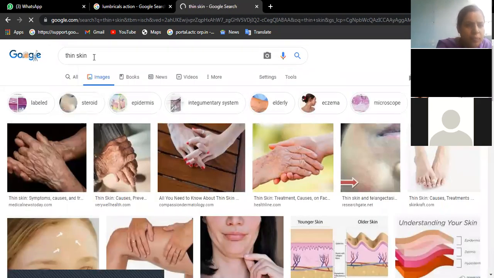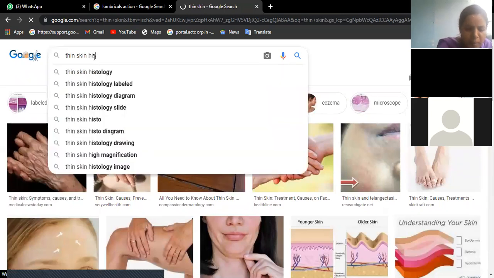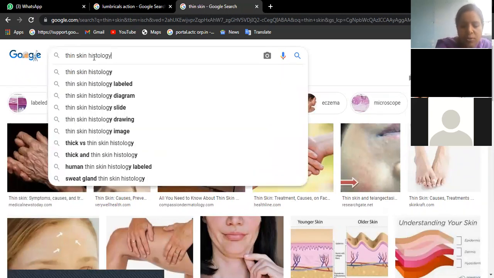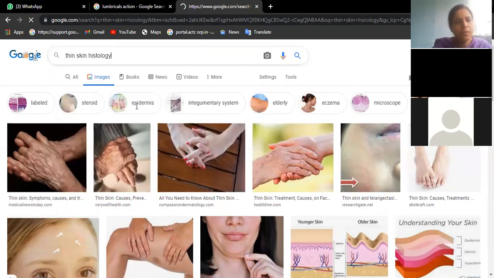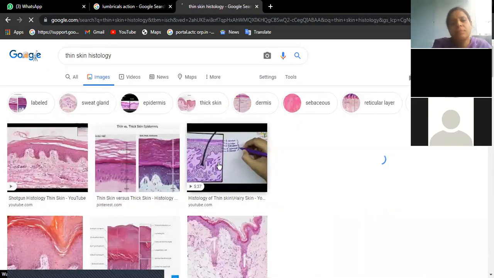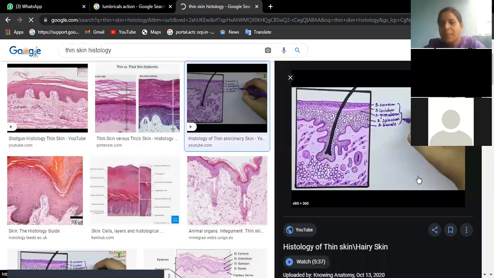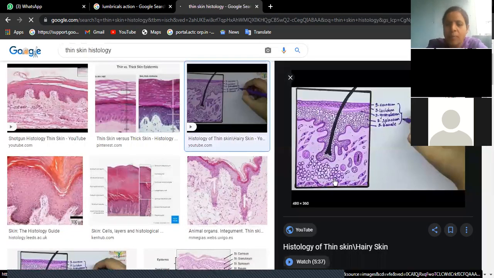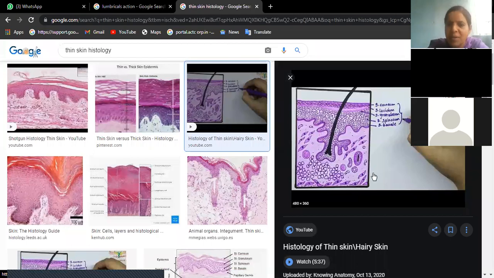Histology. Do you remember the layers of thick skin histology? We did previously. Okay, beta. So in thin skin, I hope you are seeing thin skin on the screen. Please confirm. Yes, ma'am. Okay. So in the thin skin, what do we see?